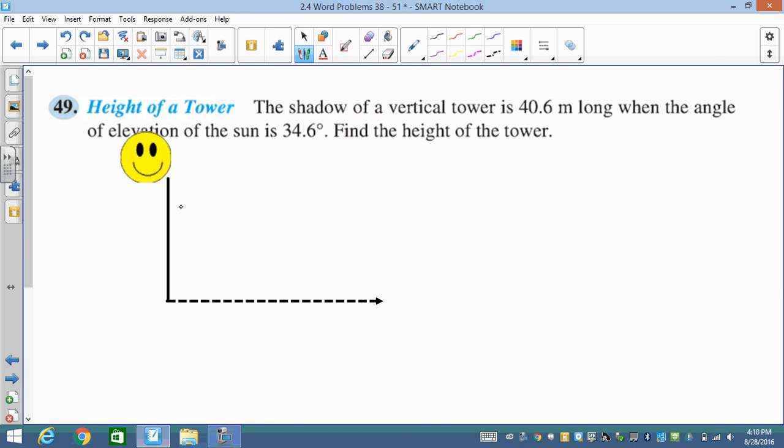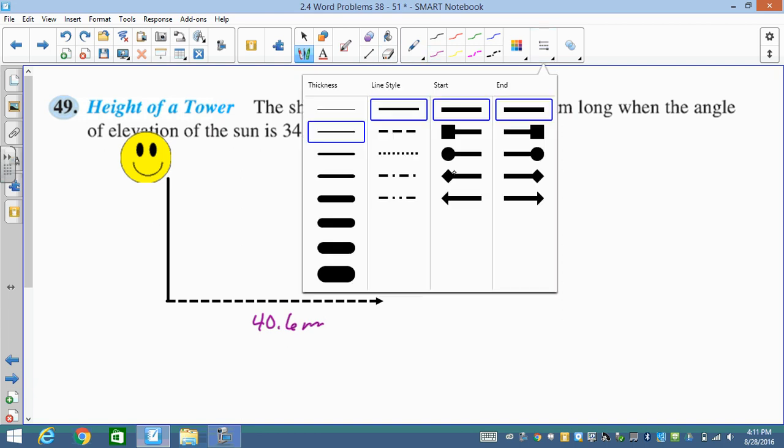Okay, so back to what the question was asking again. The shadow of a vertical tower is 40.6 meters long when the angle of elevation of the sun is 34.6. So I need my lines again.